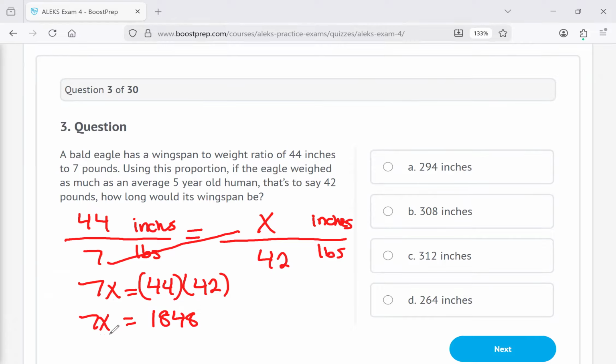We have 7x here, divide this by 7, and you get 1848 divided by 7. It's 264. So your final answer is 264 inches.